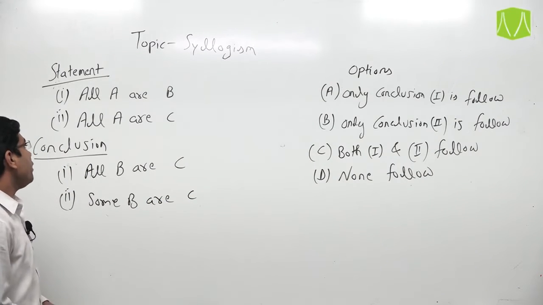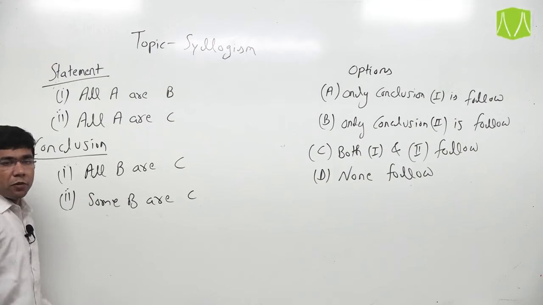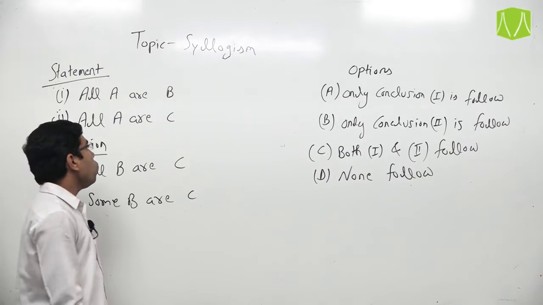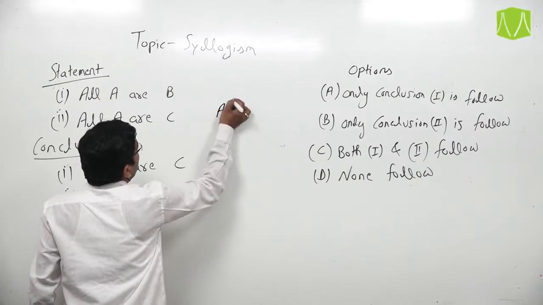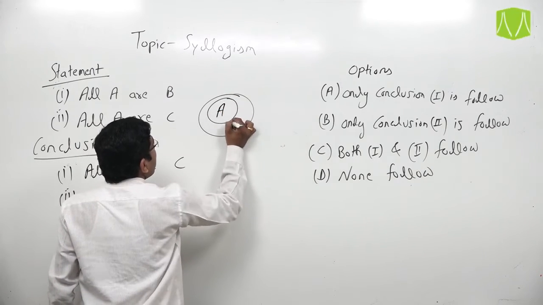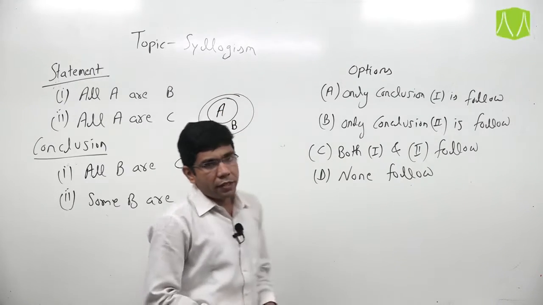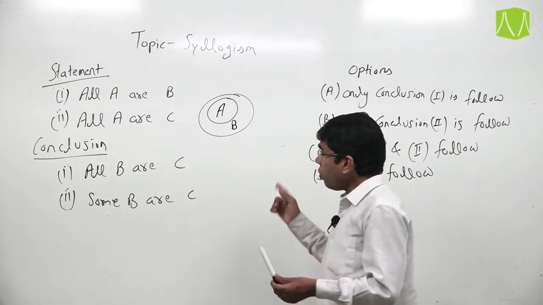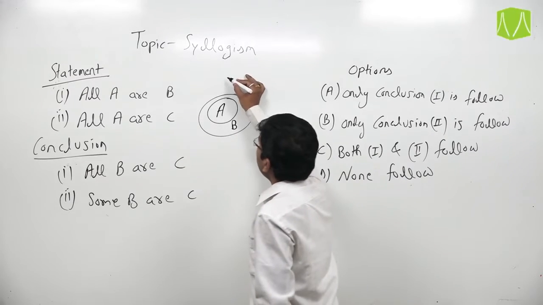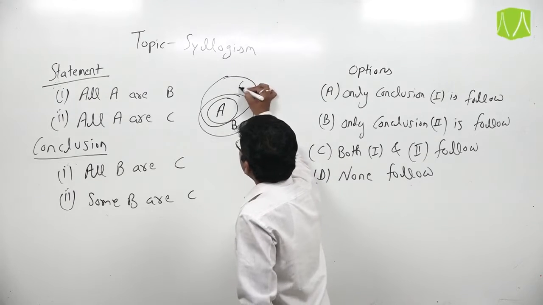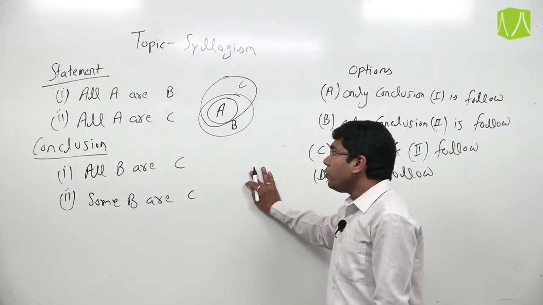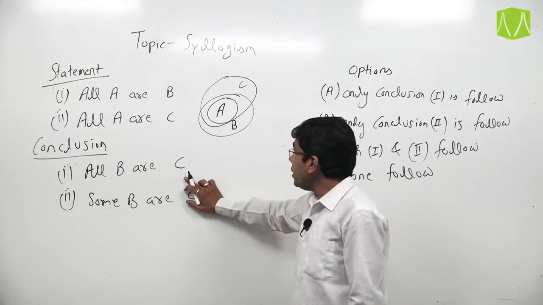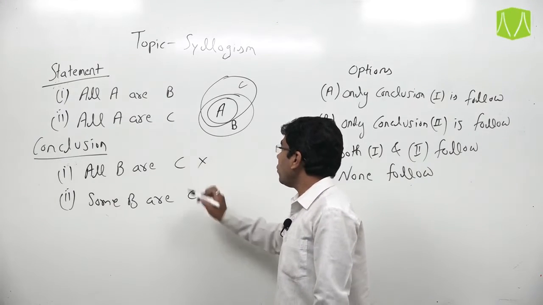Friends, we know that here all the conclusions are positive, so we use only the basic diagram. All A are B can be denoted by this. Now all A are C, that means this A can be denoted by C. Now the first conclusion, all B are C: here all B are C is not clear.